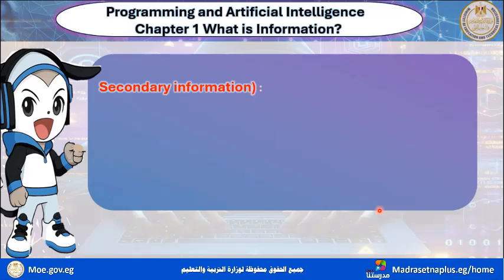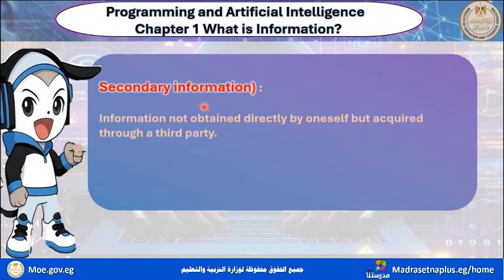After that, we have secondary information. Okay, so secondary information, what is this? Do you know the meaning of it? Well, secondary information is not obtained directly by oneself, but acquired through a third party.